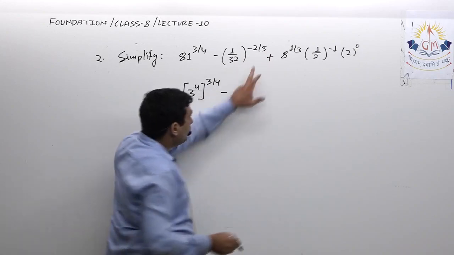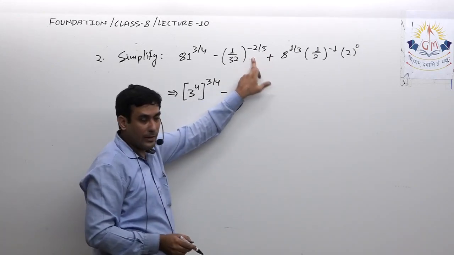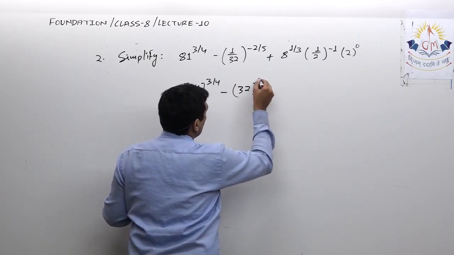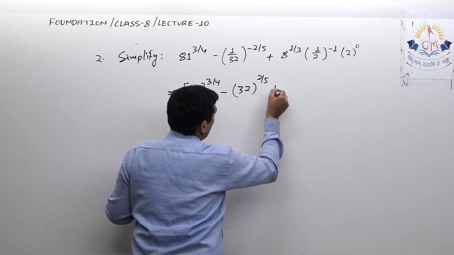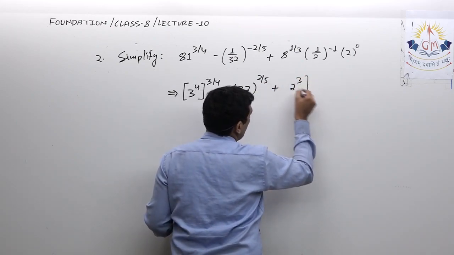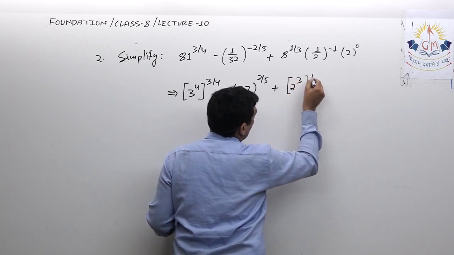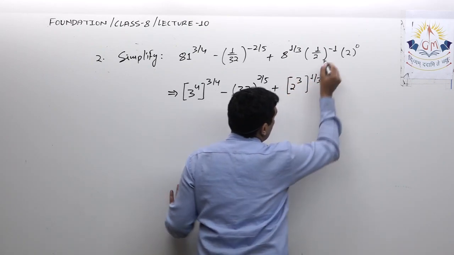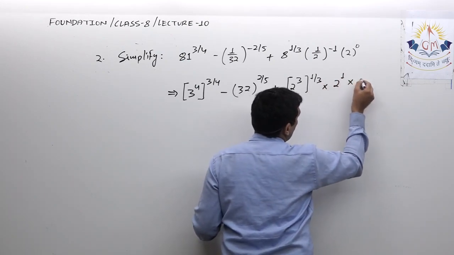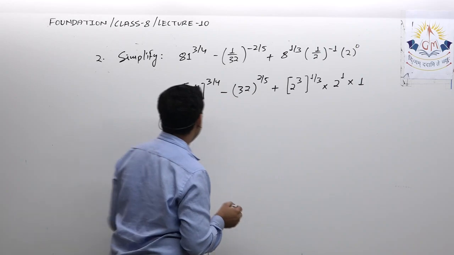Okay, here it is better to convert this power first to a positive power. So this will become 32 raised to 2 upon 5 plus 8 is 2 cube, that is 2 raised to 3, raised to 1 by 3. Again, if I convert this power to positive, so 2 raised to 1 and 2 raised to 0 is equal to 1.